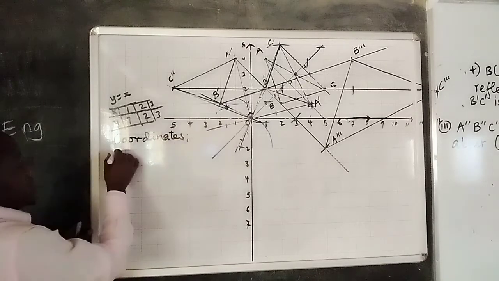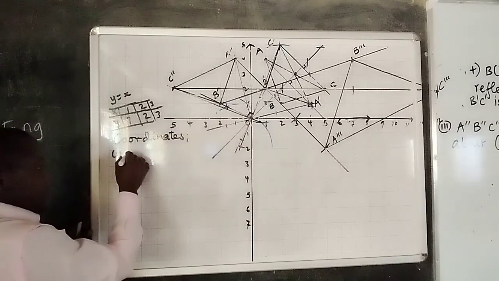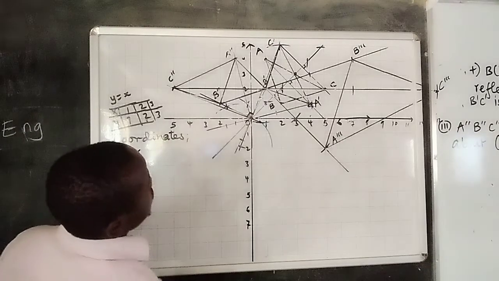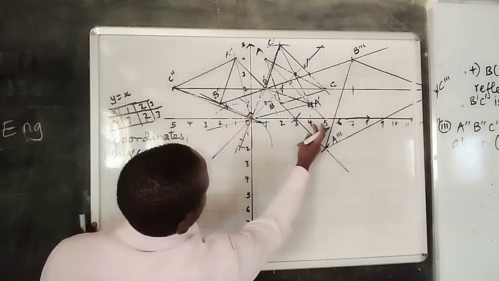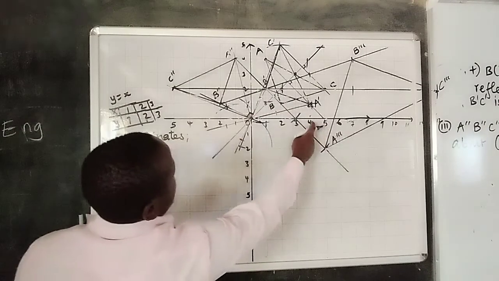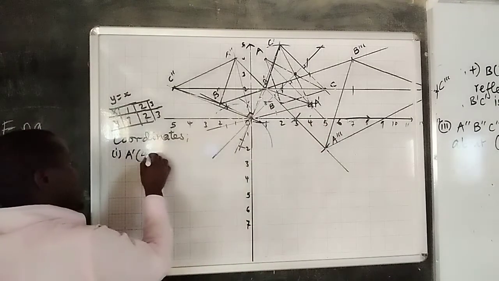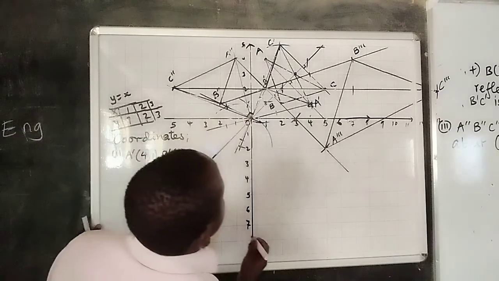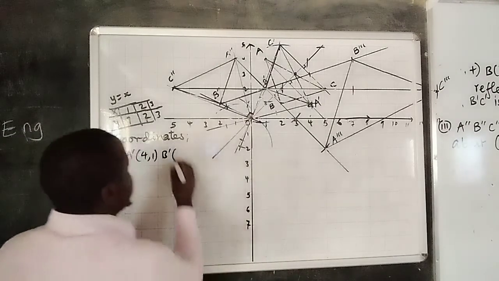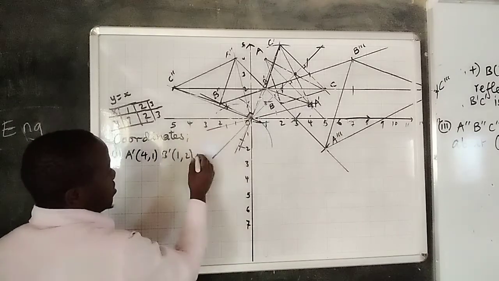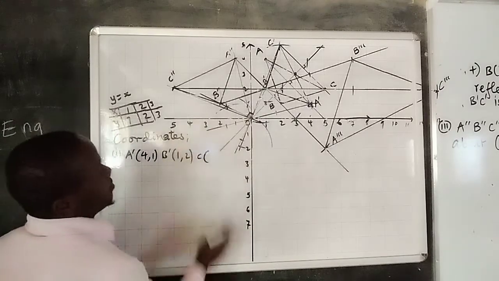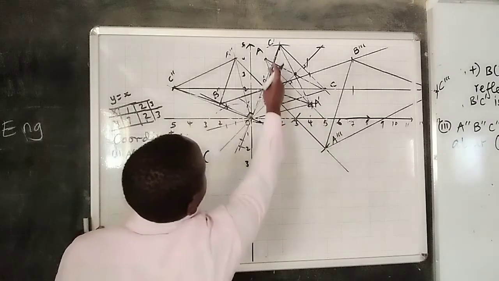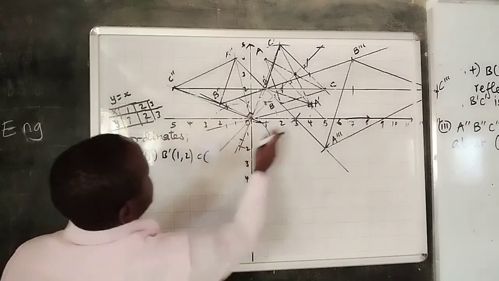Therefore, now we can state the coordinates. A single prime is (4, 1). B single prime was (1, 2). Then C single prime is (2, 5).